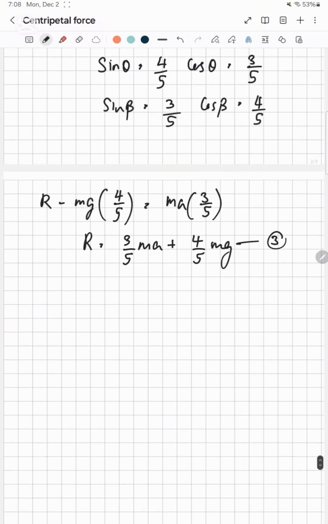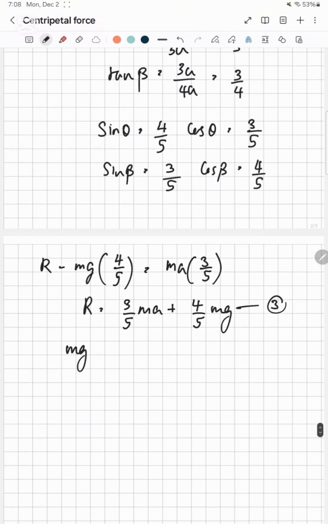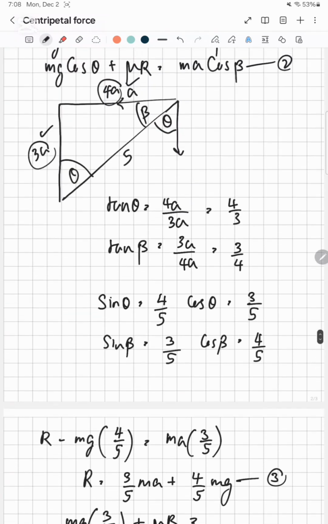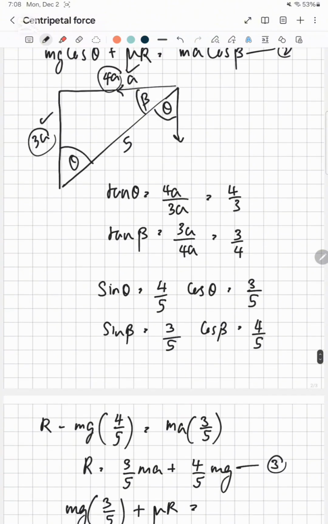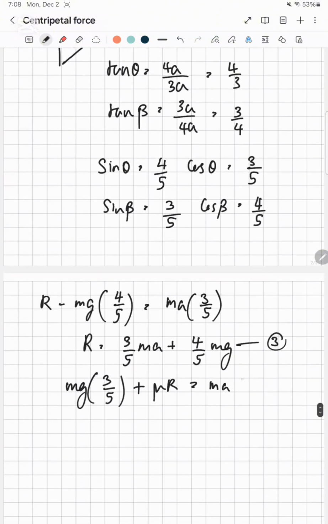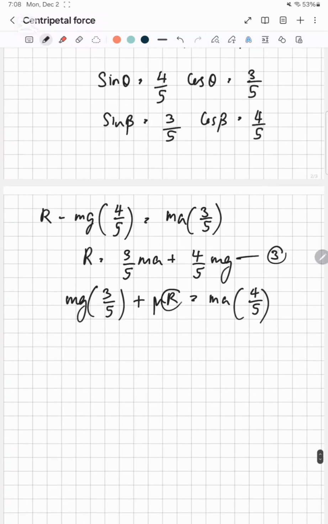mg cos theta. mg cos theta is 3 over 5, plus mu R equals to ma cos beta, 4 over 5. So now we have R here, right? So we can put this in instead of R. So you can write 3 over 5 mg plus, and they've given us the coefficient.